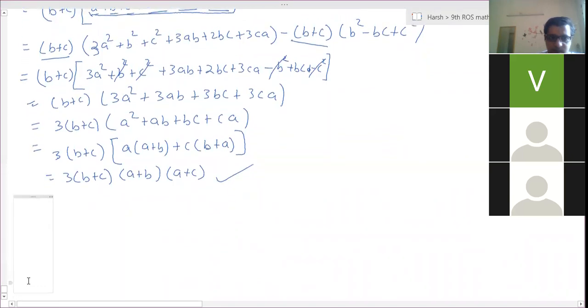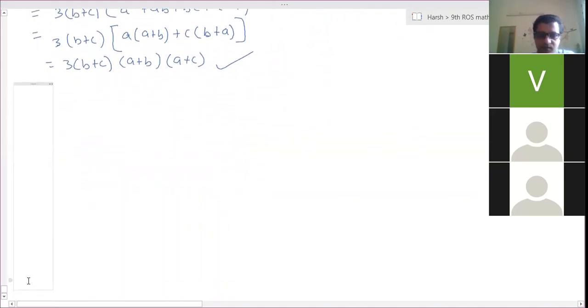So first I took the LHS as a bracket: a plus b in one bracket, and then plus c, whole cube, minus a cube minus b cube minus c cube. Okay. And then a plus b whole cube.